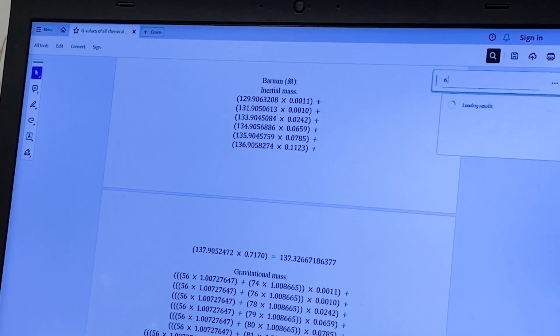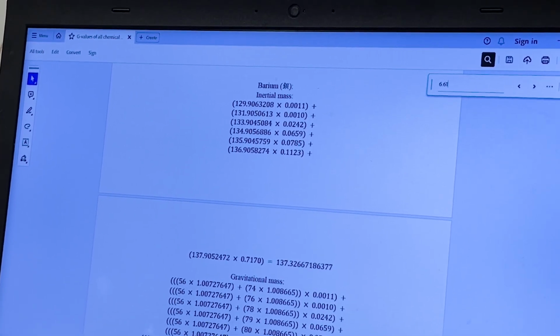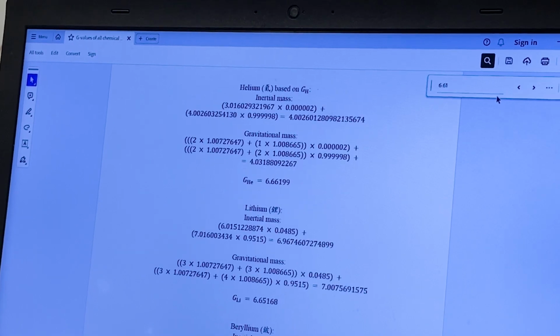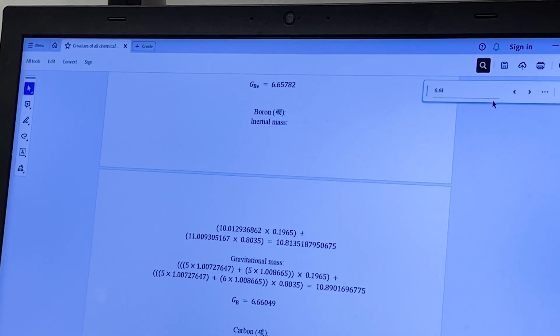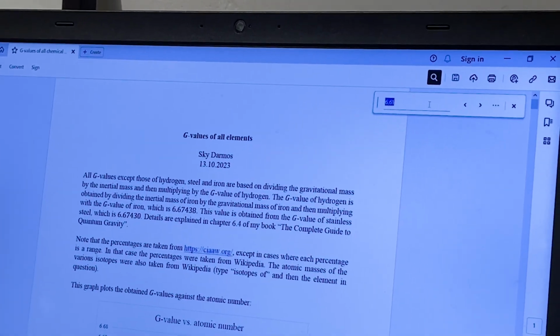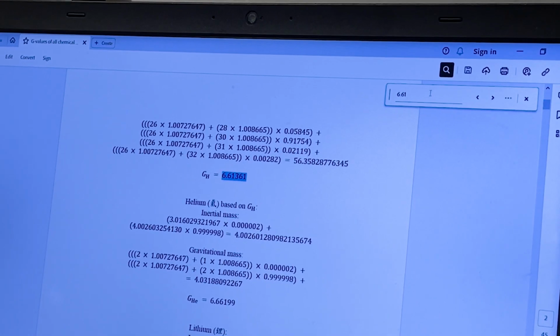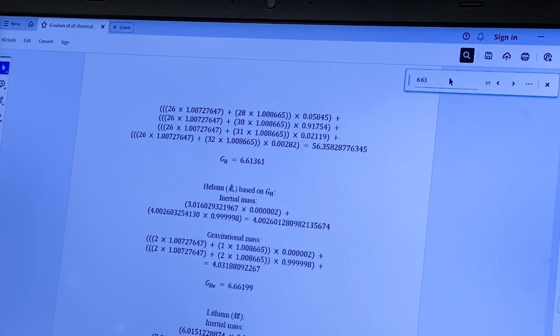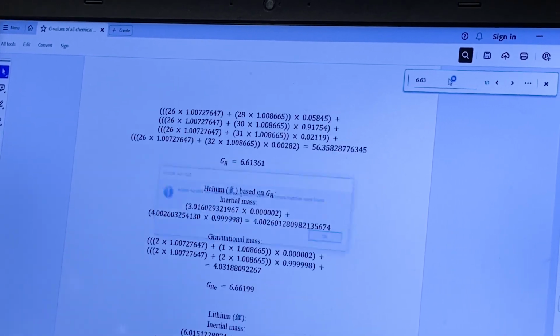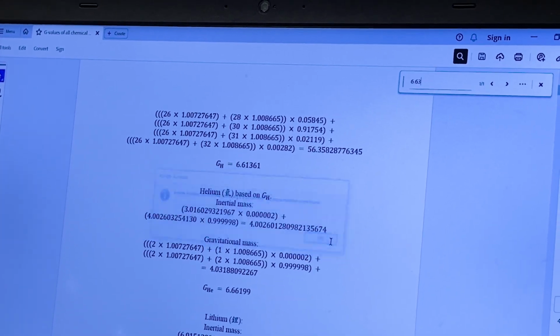We can check 6.61. We get only hydrogen, and then what is the next lowest?